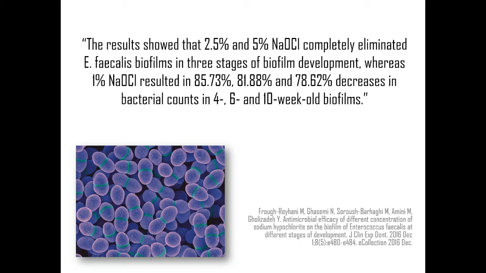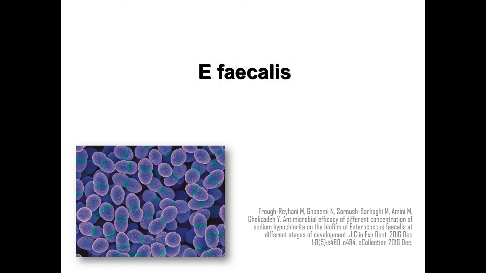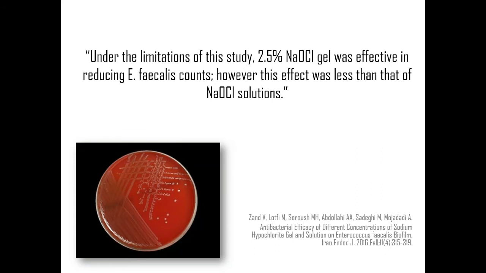But it looks like in root canal systems, we really need to be using a concentration of at least 2.5%, and I know a lot of the preparations that we buy and we're using commercially are 5.25%, but it's very effective as an antimicrobial agent in the canal.